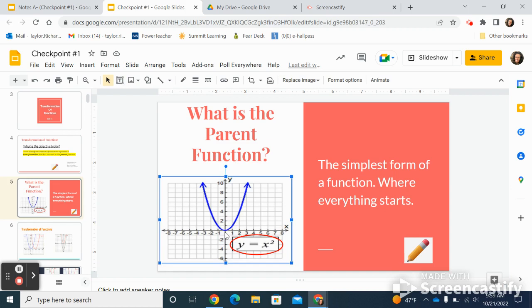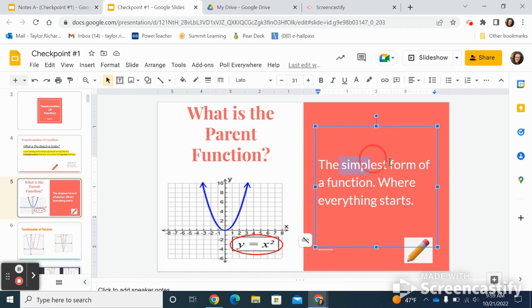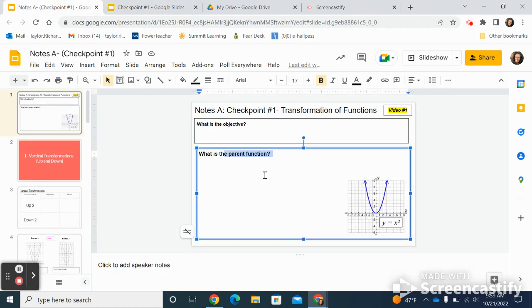Our parent function has the equation y equals x squared. This is that simplest form. Make sure your slide 1 is filled out with those two things, the objective and the parent function.